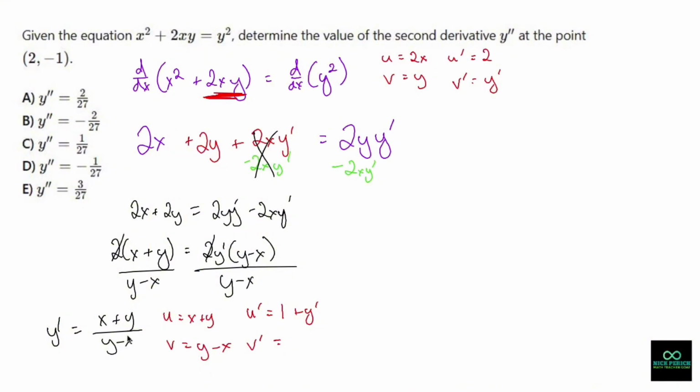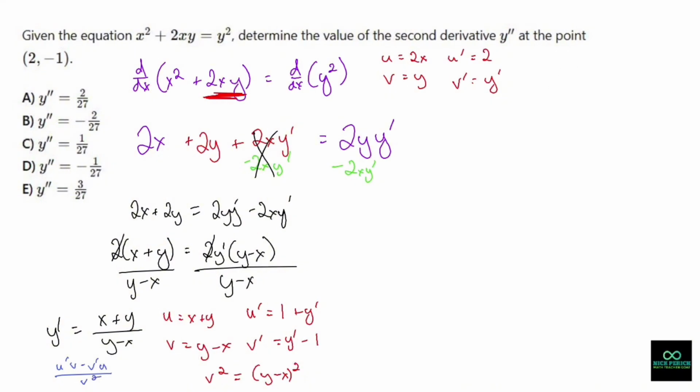V prime is the derivative of the bottom: the derivative of y is y prime, minus x is 1. And then v squared is going to equal y minus x squared. Let's see if we have to deal with that when we have to deal with that. Probably not, but we'll see. Quotient rule is u prime v minus v prime u over v squared.